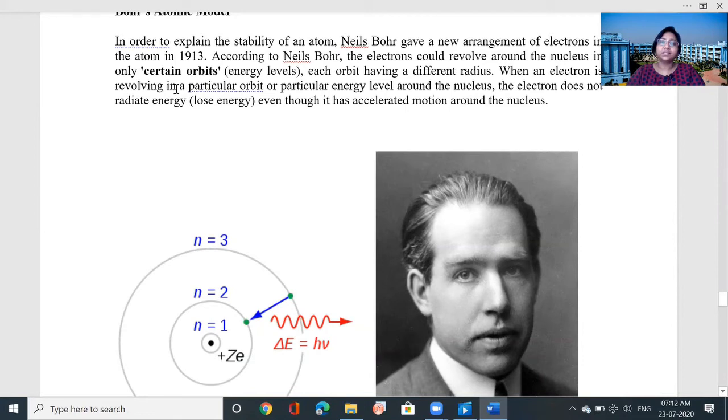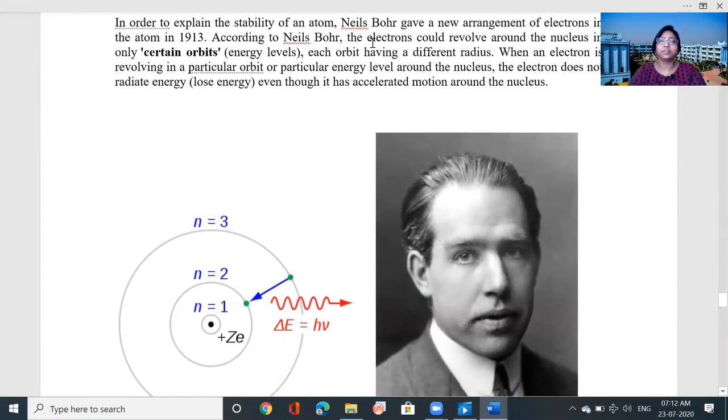So, like our solar system, the electron must have a specific orbit. This is called an energy level. These orbits are called energy levels. Each orbit has a different radius.